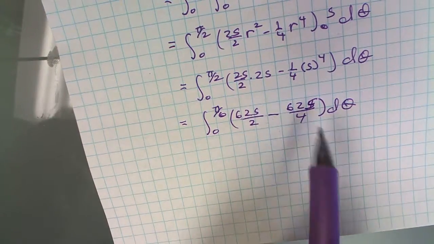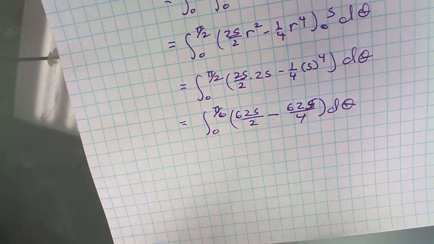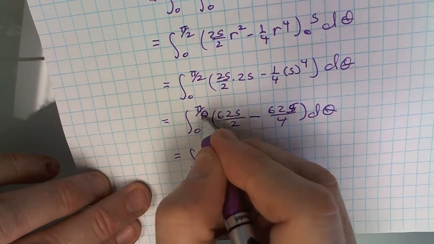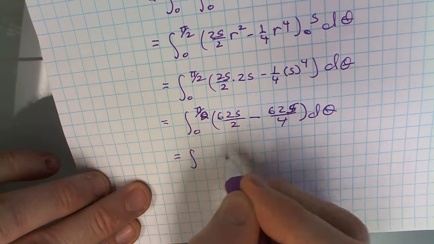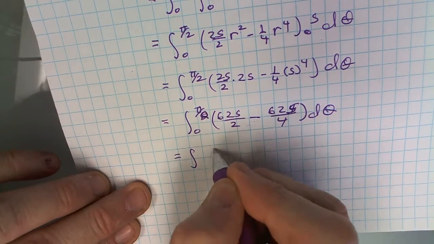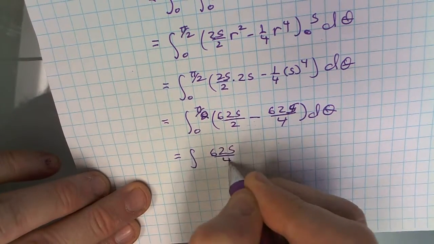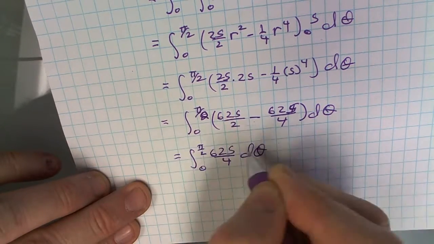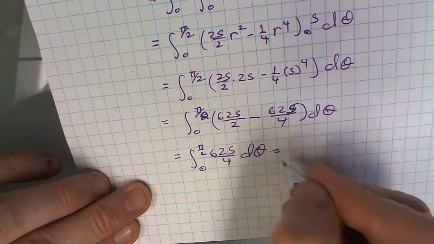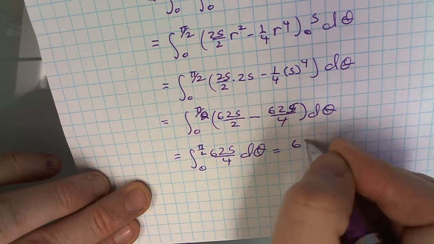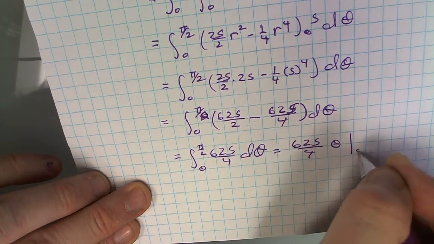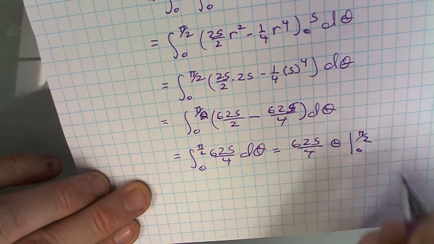Of course, we can combine these, no problem. That's just going to be 625 over 4, d theta, from 0 to pi over 2. Now we would just integrate that, and that would be 625 over 4 theta, where theta goes from 0 to pi over 2.